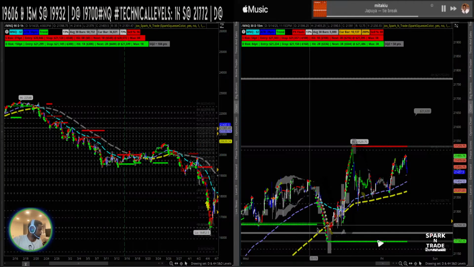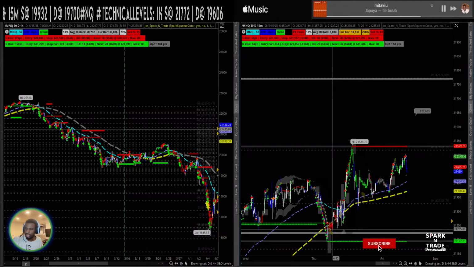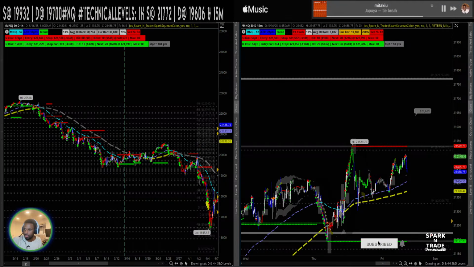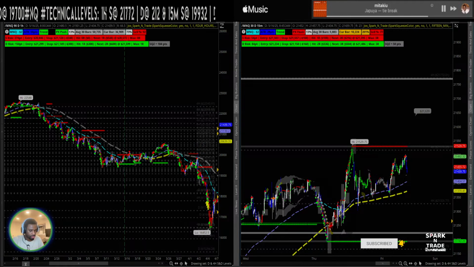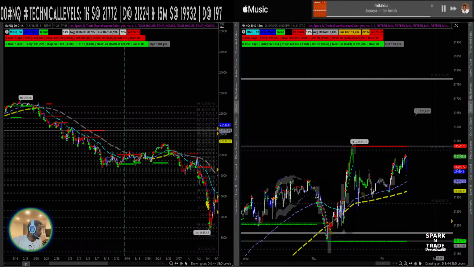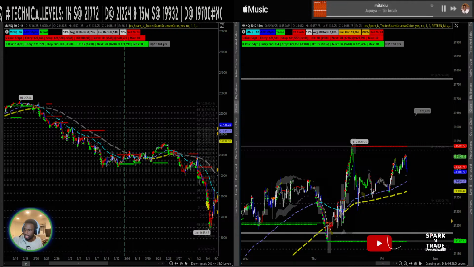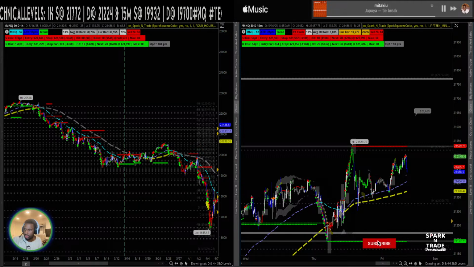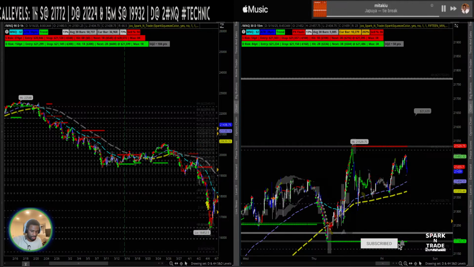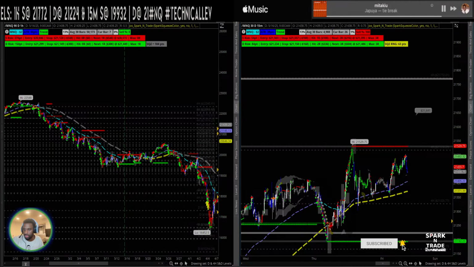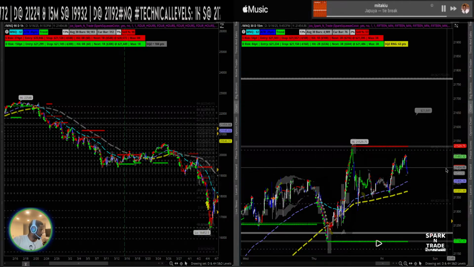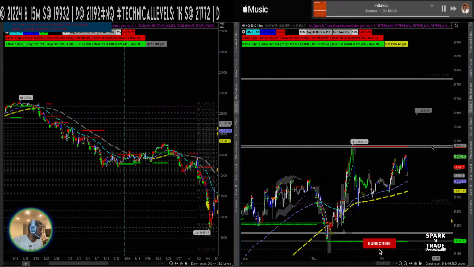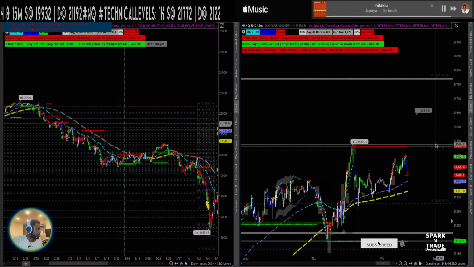Demand at 21224. Demand at 21192. And supply at 21529.